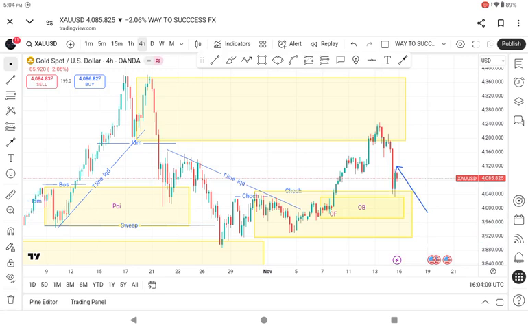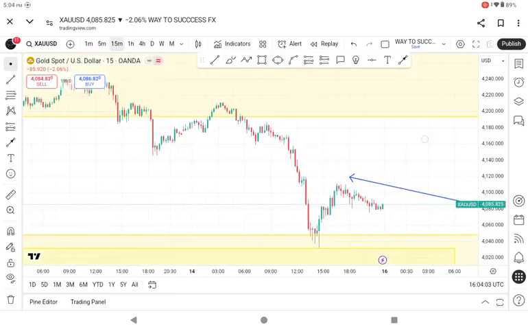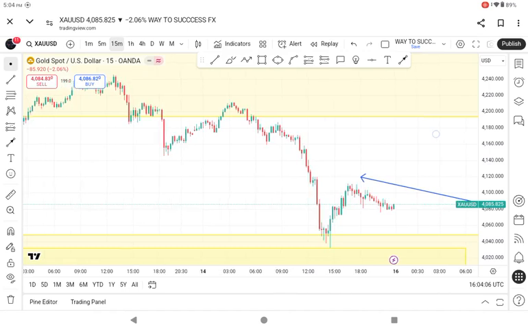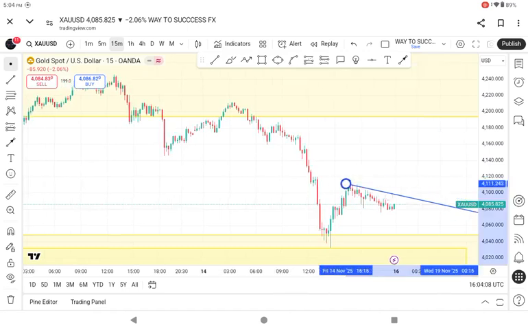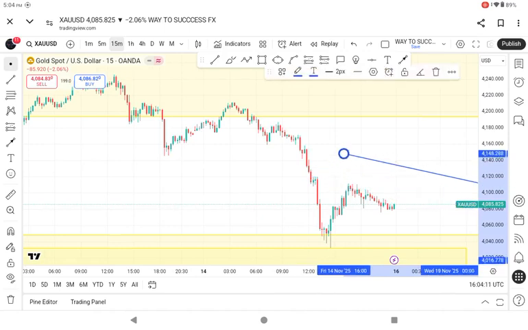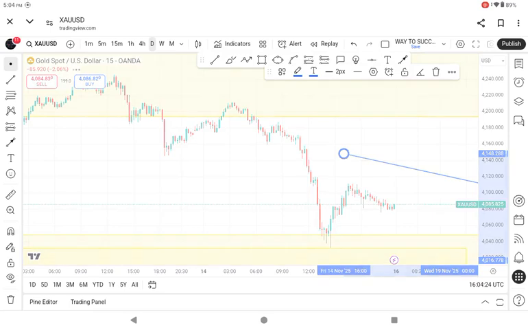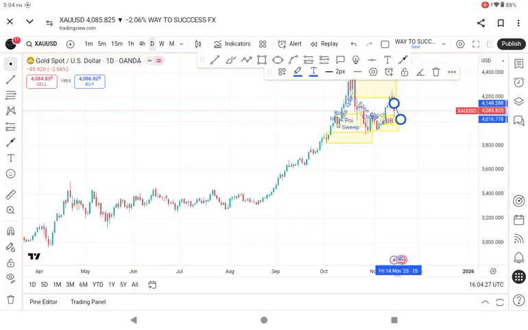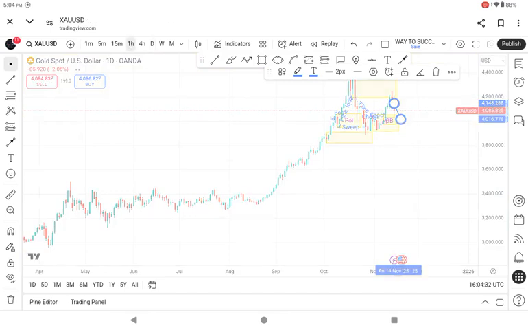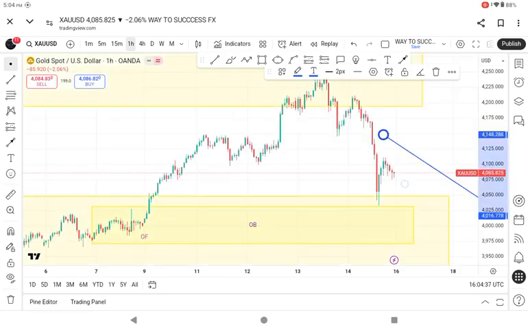Now let's go down to 15 minutes. What do we have? There haven't been any clean price action here, but if price should start giving us any buy confirmation here in 15 minutes, we are going to be buying gold by next week, due to the fact that weekly and H4 are bullish. And let's see what we have in H1.